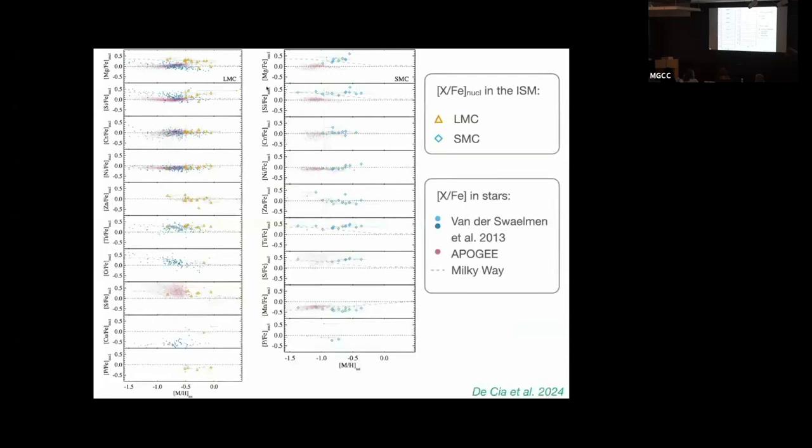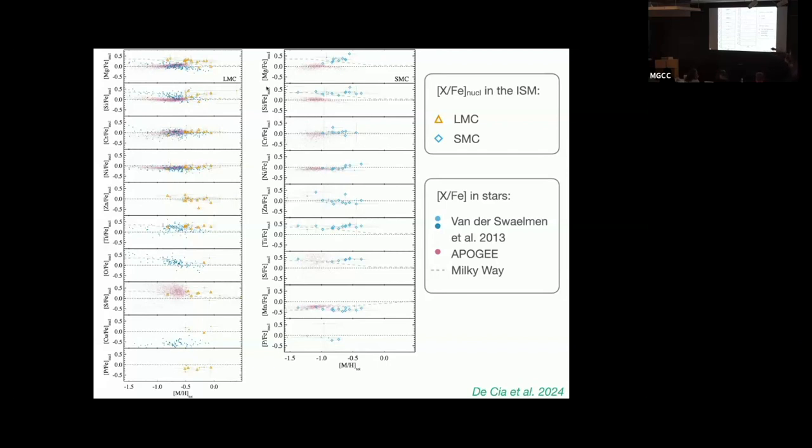Now, I will zoom in on a few panels in a moment. Here we compare abundances of stars and abundances of gas. For the gas, I use the yellow triangles and the blue diamonds, and then the abundances for the stars. We have many different metals like magnesium, silicon, chromium, nickel, zinc, titanium, oxygen, sulfur, copper, phosphorus, and manganese.